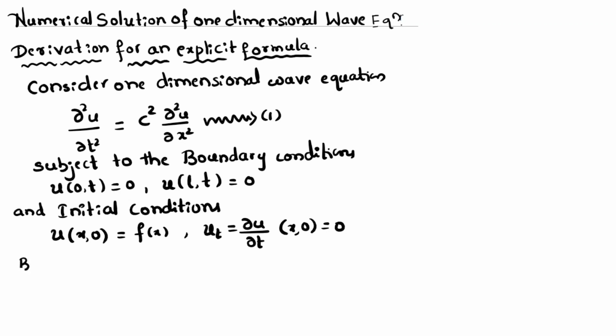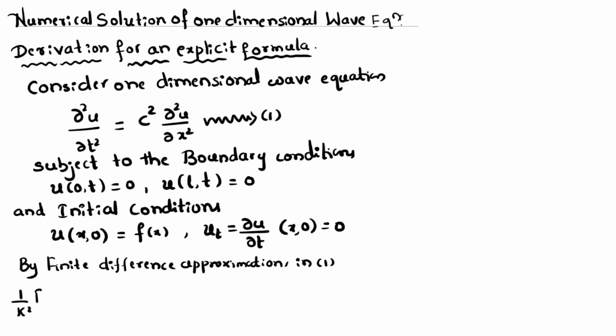So by finite difference approximations, 1 by k square into dou square u by dou t square is u of I comma j plus 1 minus 2 times u of I comma j plus u of I comma j minus 1.